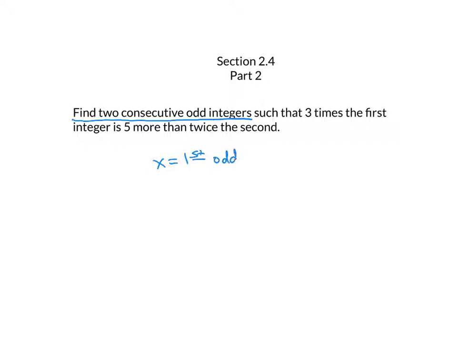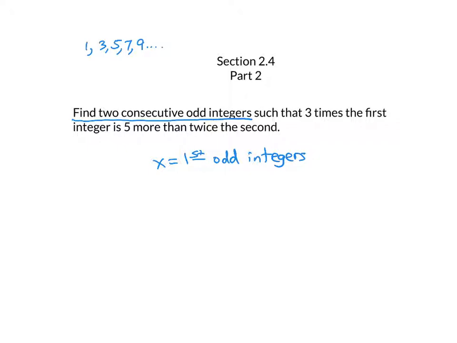Now, one thing that's true about odd integers, remember, integers are really just positive and negative numbers, like -3, -4, -5, or 5, 6, 7, that sort of thing. So odd integers are 1, 3, 5, 7, 9, etc. Notice that to get from one odd integer to the next odd integer, I can just add 2.